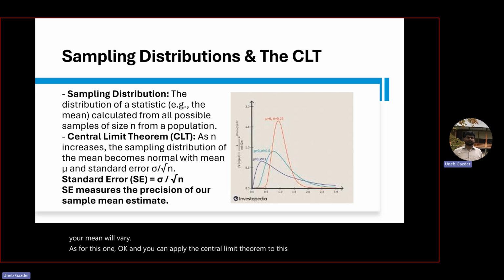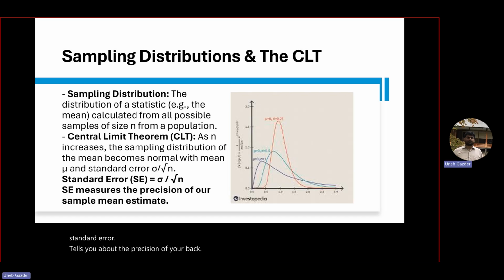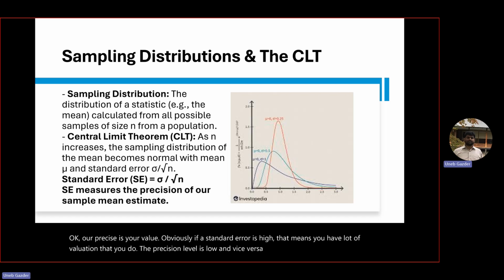So this value, standard error, tells you about the precision of your value. How precise is your value? Obviously, if the standard error is high, that means you have a lot of variation in the data. The precision level is low, and vice versa. If the standard error is low, then the precision is very high.